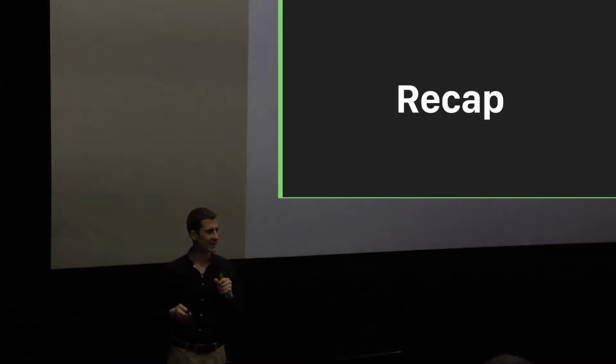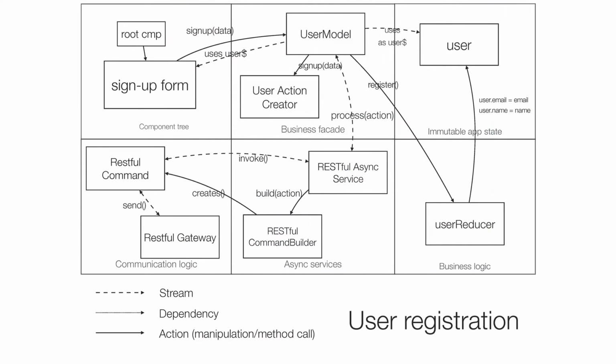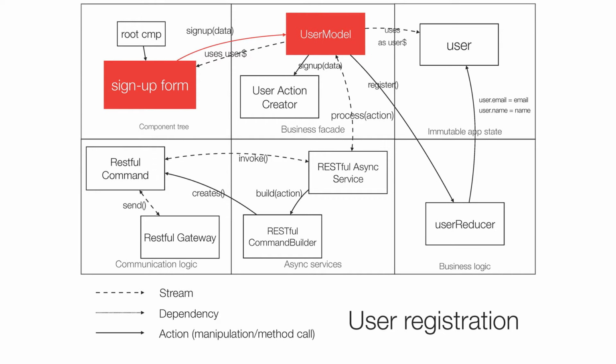Yep. And in order to make a quick recap of the entire flow of data, let's take a look at this diagram. Well, it looks kind of complex. There are a lot of arrows and a lot of boxes, so we're going to take a look at it step by step. First, the user fills the registration form and clicks sign up.